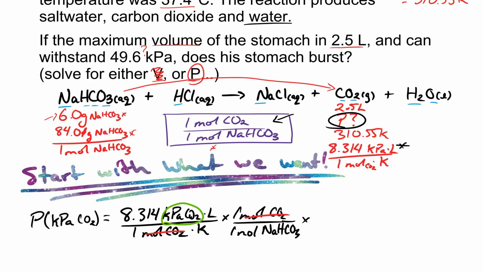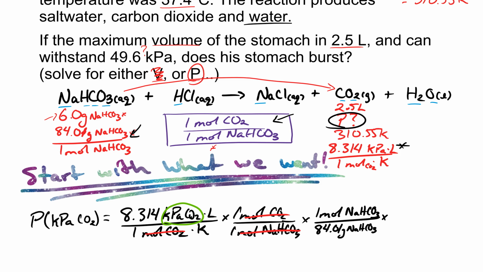Now I want to get rid of moles of sodium bicarbonate. The way I do that is using our molar mass. 1 mole of NaHCO3 has a mass of 84.01 grams of NaHCO3.